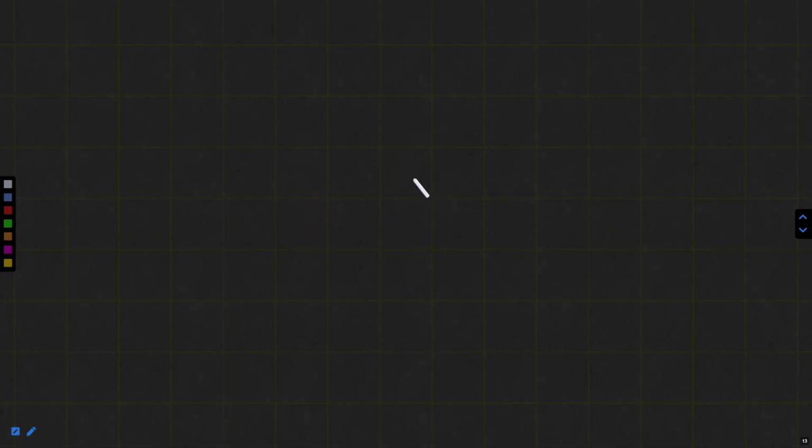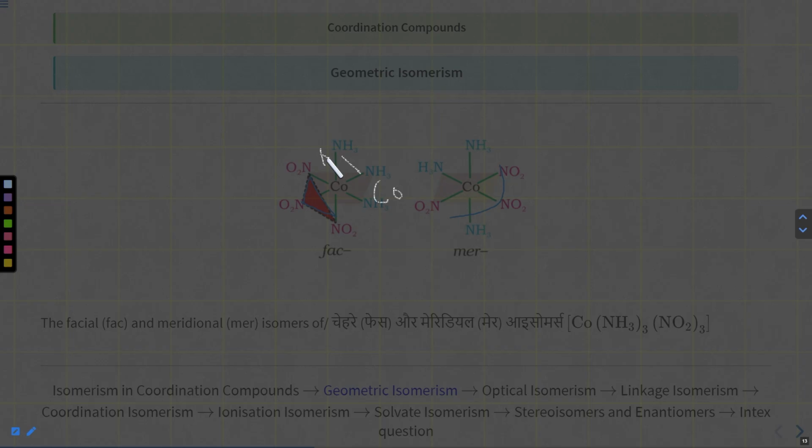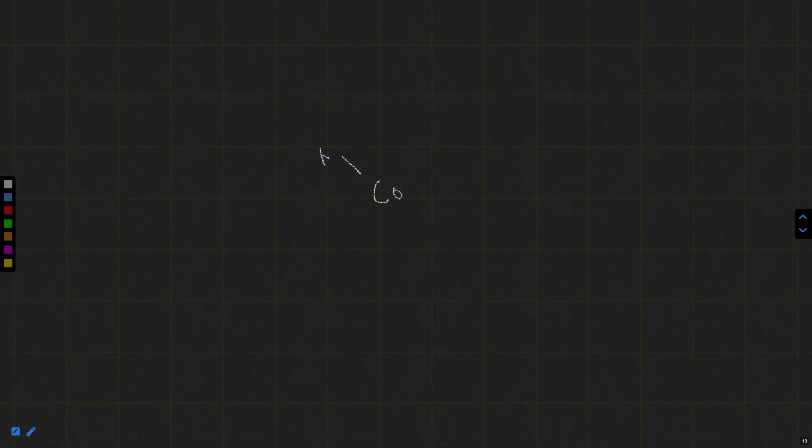So look in this fashion. Suppose we have our Co, NH3. What are the ligands? NO2, NO2, and this is also NO2. Whereas other are NH3, NH3, and NH3.